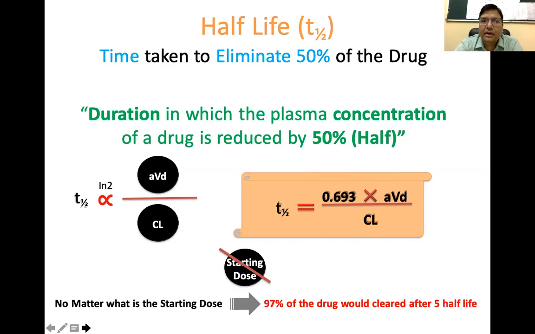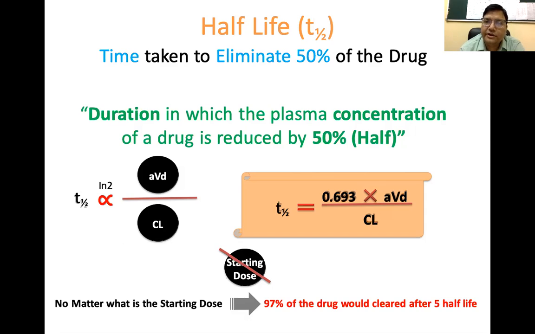It is the time which is required to eliminate 50% of the drug, or it is the duration in which the plasma concentration of a drug is reduced to 50%, or half of it. And it depends directly on the volume of distribution.